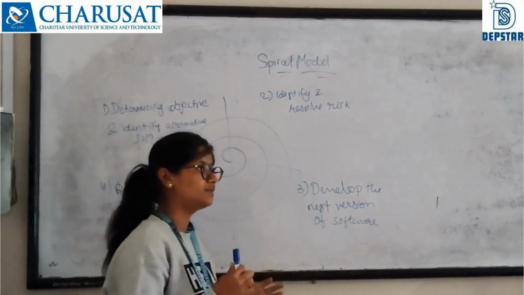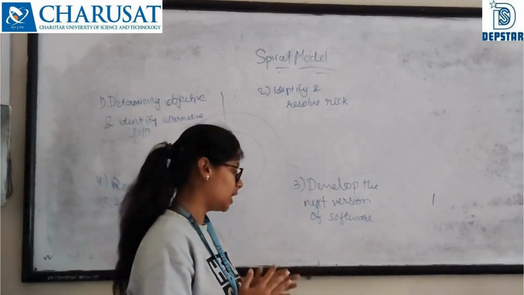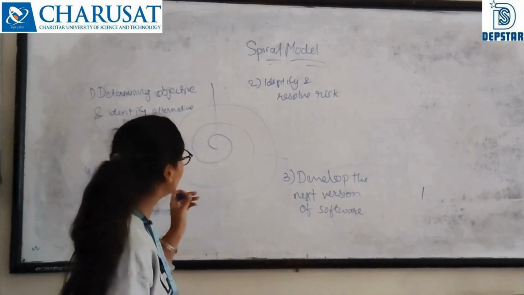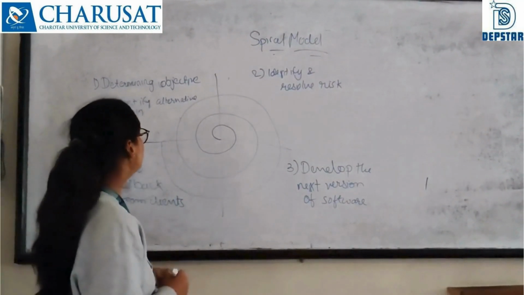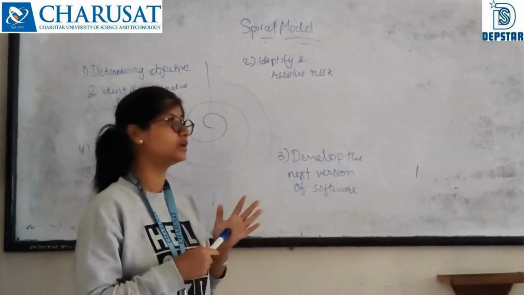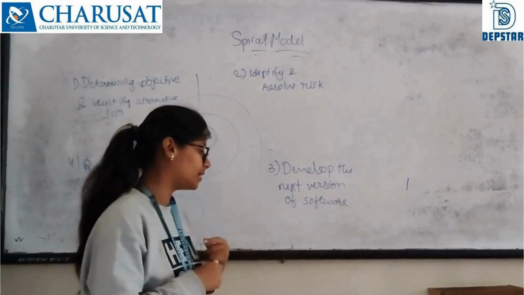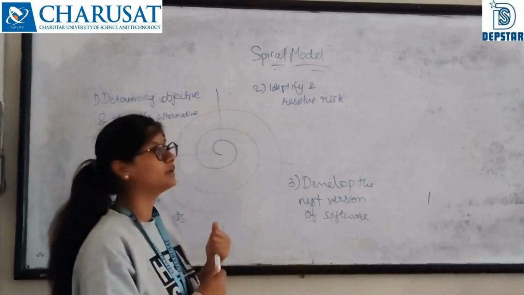So as we discussed the advantages, now let us see the disadvantages. The first will be of time consuming. So as long as this spiral works, the time is consumed more, and the next disadvantage is of cost effectiveness and time complexity and cost.